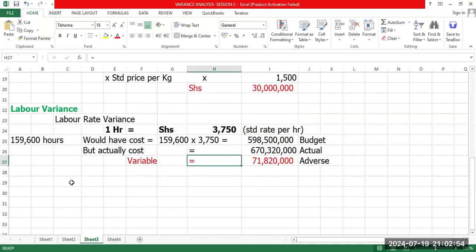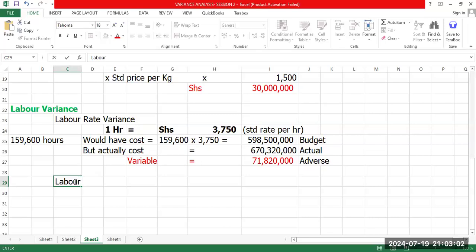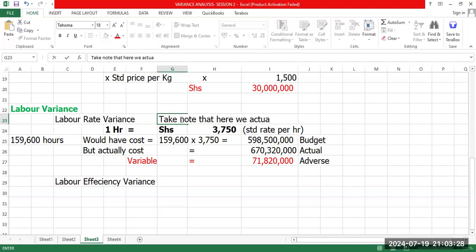We go to the next variance, which is labor. Any question about labor rate variance? So the next is labor efficiency. Remember, take note that here we use actual hours paid.